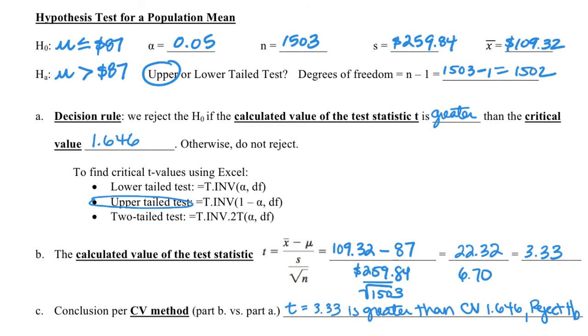So by rejecting the null, that means my alternative hypothesis holds true. That means that the average price of listings in Ville Marie is greater than $87. And so it would be a good idea to put my bike business here in this neighborhood.